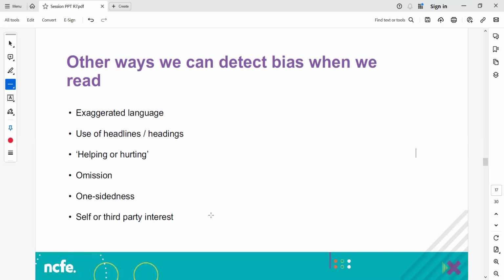Or is it just one-sided? And self or third-party interest. So does the writer have something to personally gain from what they are writing? So for instance, if an actor in a film was reviewing their own film, saying how great it was, they would obviously be benefiting from that. So it would be biased because it's serving their own interest.